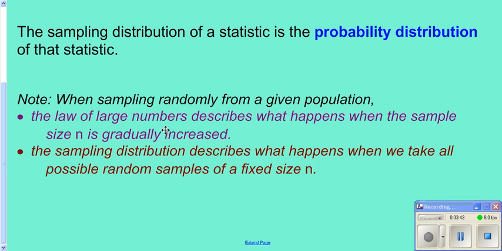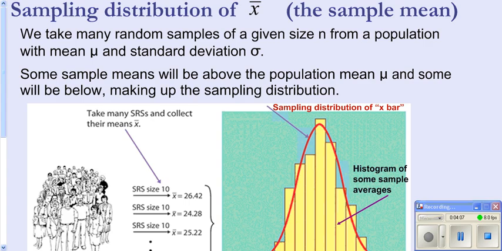Now, keep in mind that the law of large numbers tells us that as we continue to increase the size of our sample, the average should end up getting closer and closer to the theoretical, or the population, mean. But that's not what our sampling distribution is talking about. It's talking about what happens when you take repeated samples, and what that average ends up being.